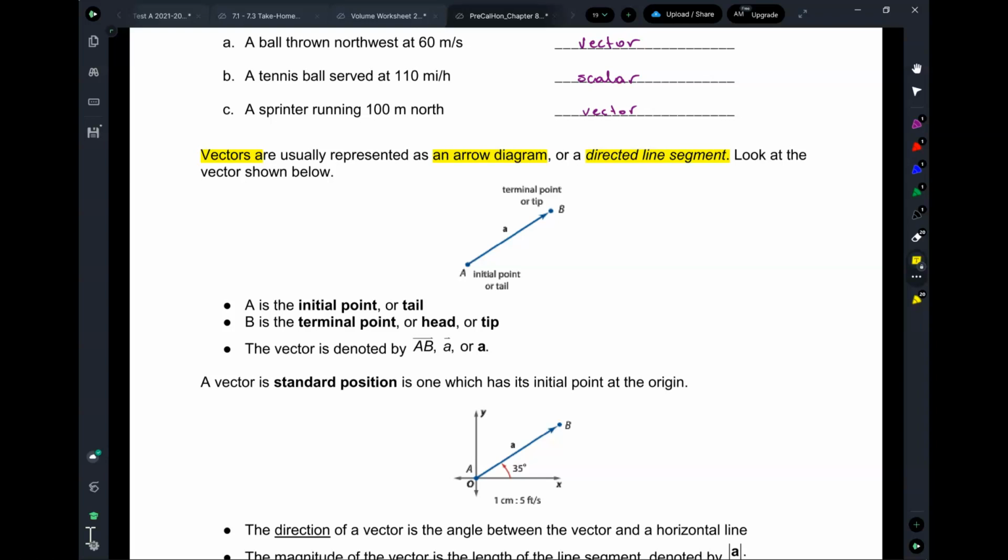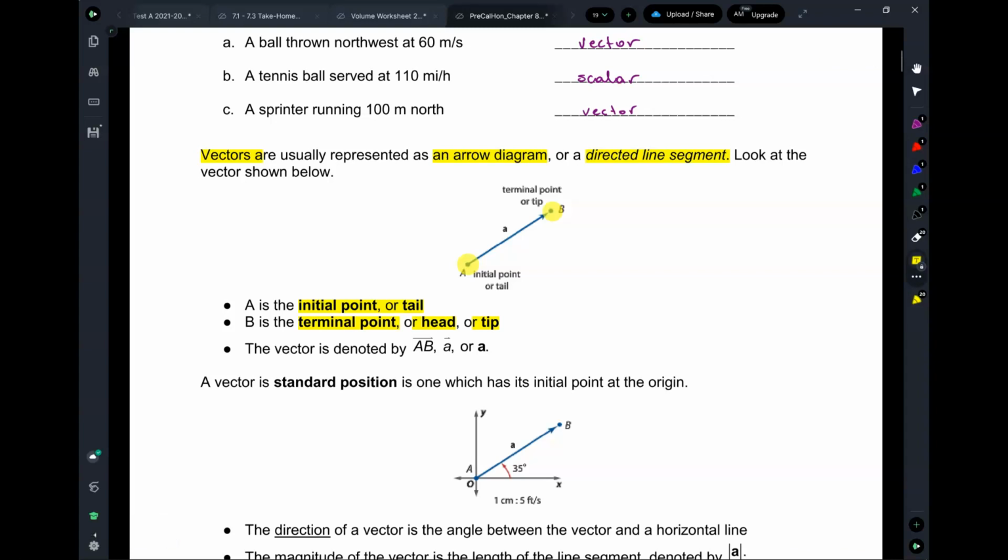So let's look at some of the parts of this vector. The endpoint, as we're used to calling it, is called the initial point, or the tail. B here, where it points, is the terminal point, or the head, or the tip. Okay?